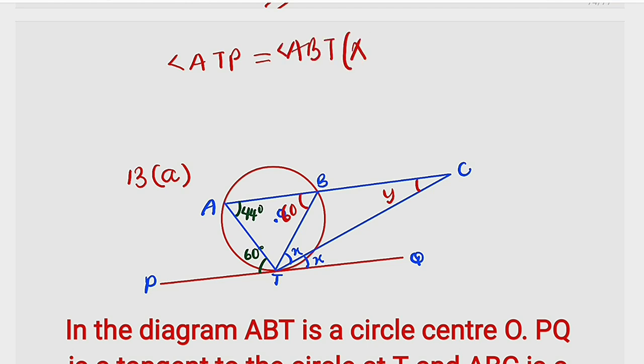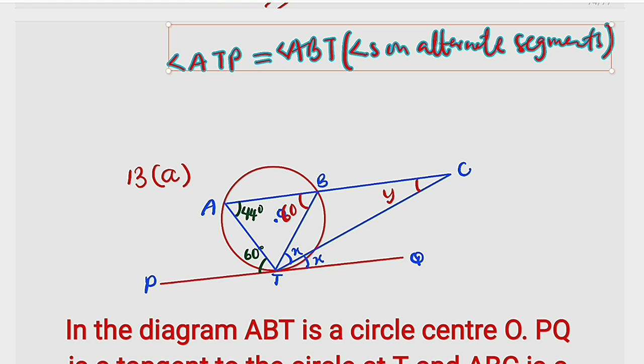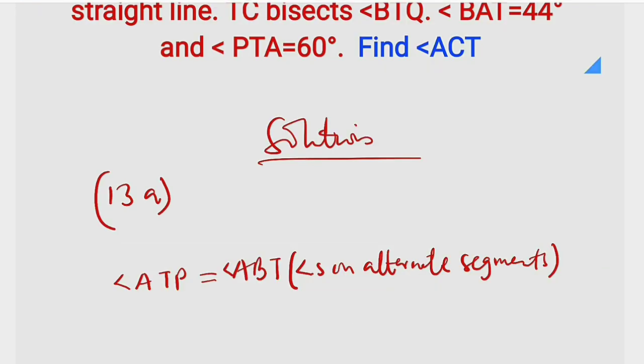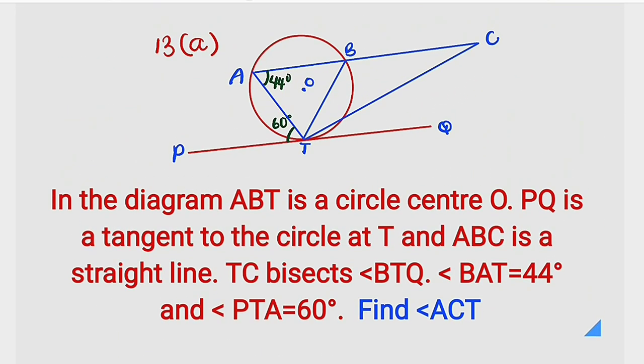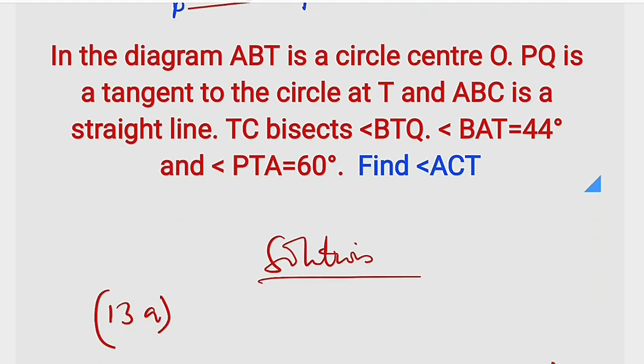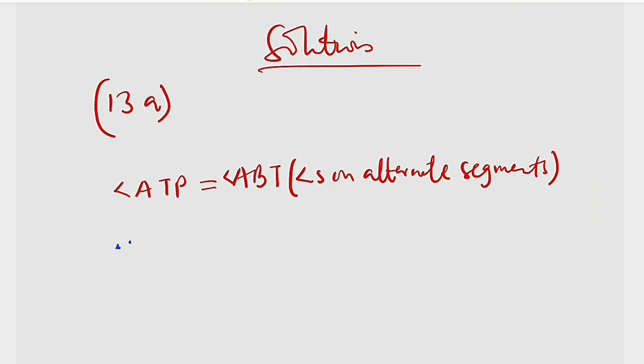Reason: angles on alternate segments. So if this is the case, we conclude that ABT is equal to 60 degrees. Therefore, ABT is equal to 60 degrees.